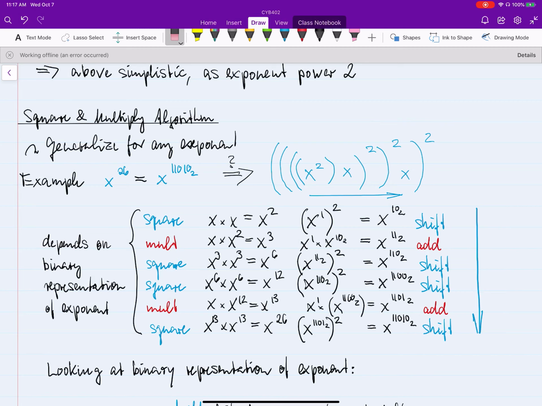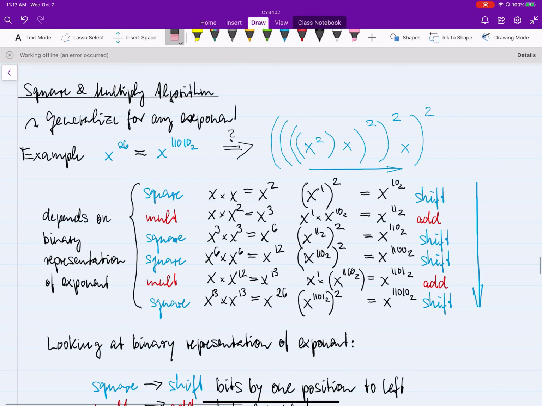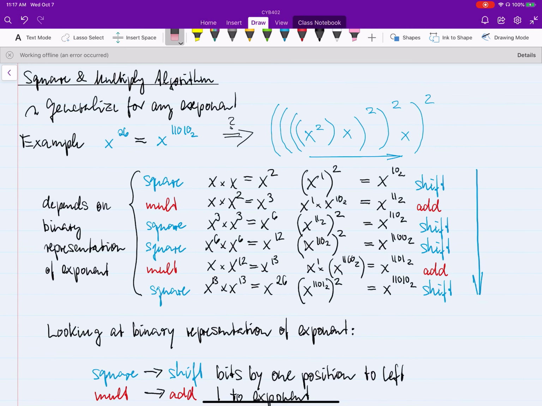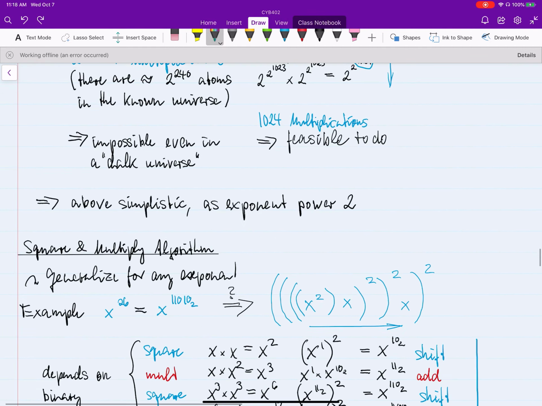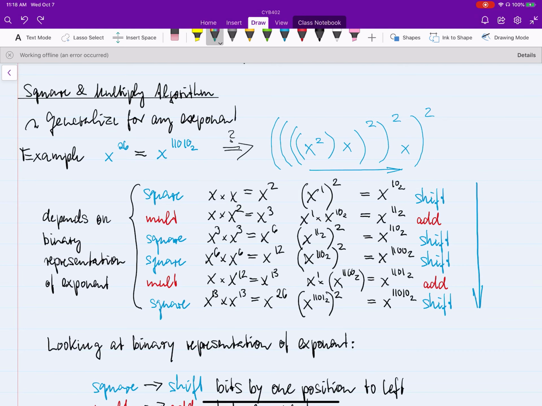So what that means is that we can turn around what we did here so far, and when we have to exponentiate a number with a certain exponent, what we do is we retrieve the binary representation of that exponent, and then we use that as a guide to find out when we need to square and when we need to multiply.